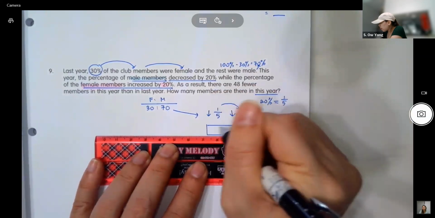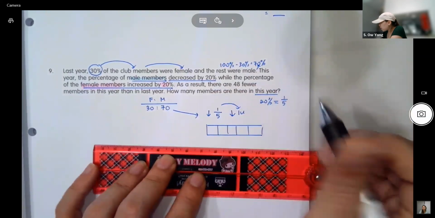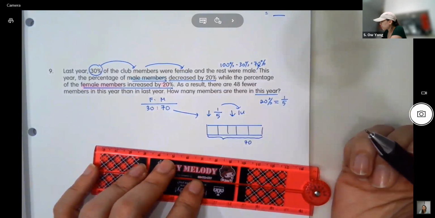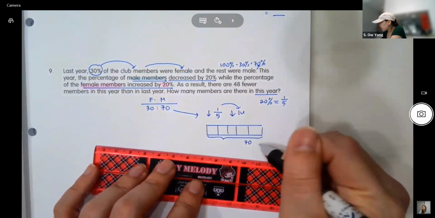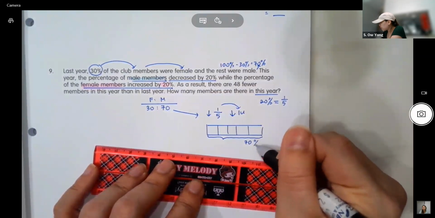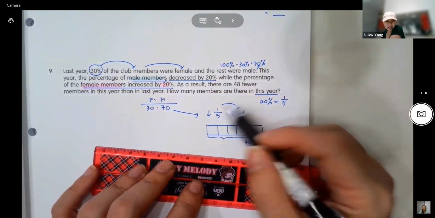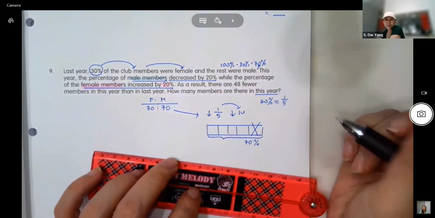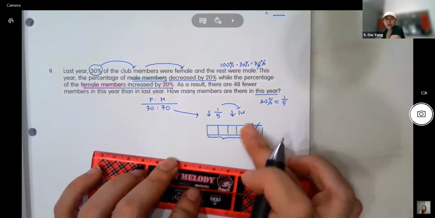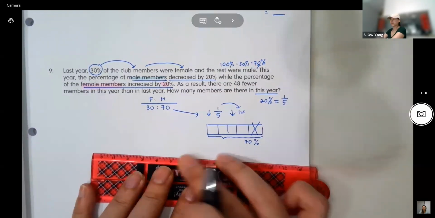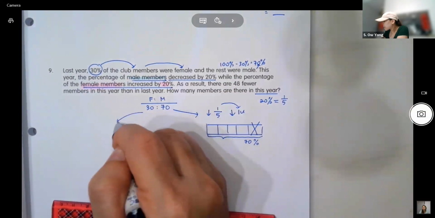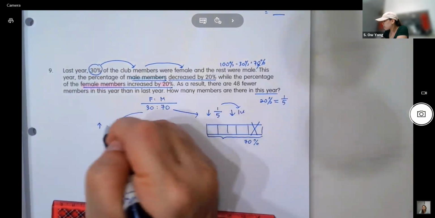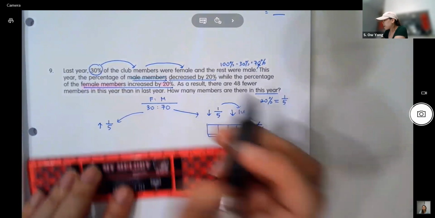Originally, I have 5 units, and all these are the male. This one I write down like percent, but you decrease by 1 unit. That means no more this 1 unit. Left with 4. So how many percent is that? For the other side, the female increased by 20%, means increased by 1/5.